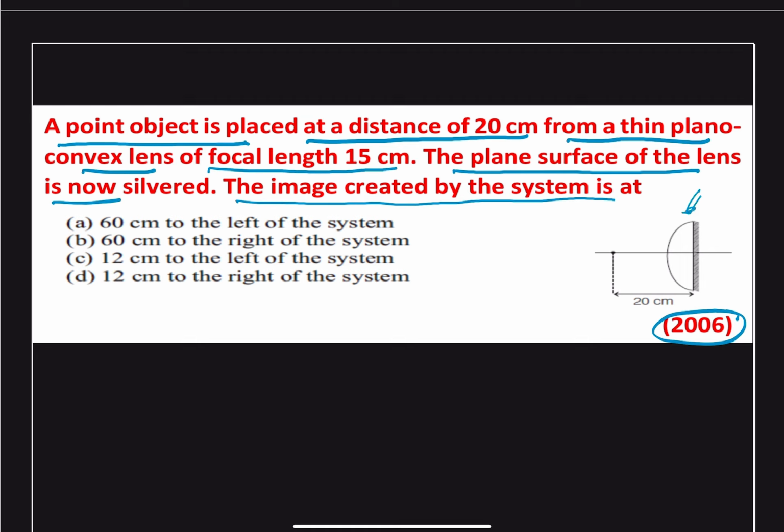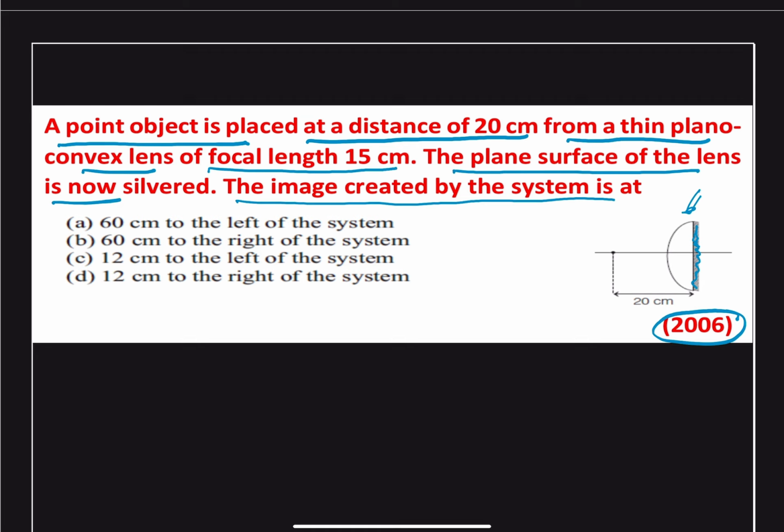In this plano convex lens, the plane surface is silvered, so we have the silvered surface on the right side. This entire system will be working like this: the plane surface will now be acting as a mirror.